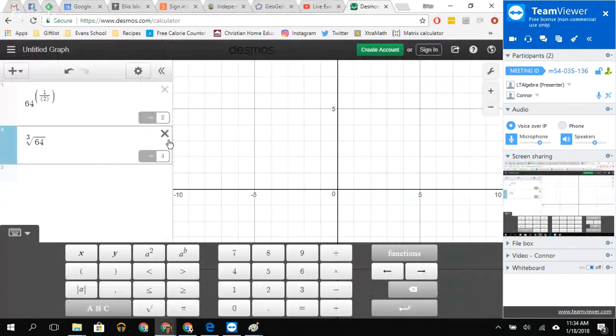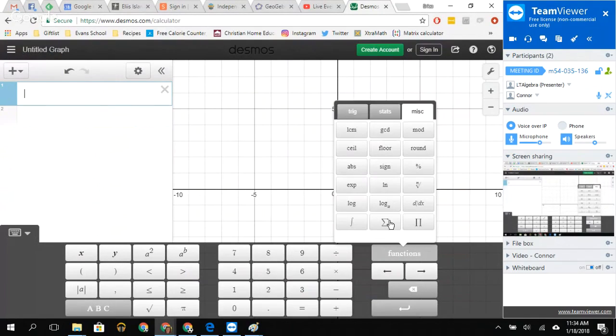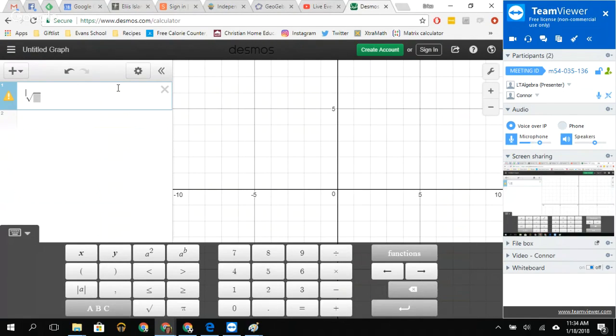There is a function under functions, under miscellaneous. There's a root with a little n. So the n indicates what root. So we're taking the cube root of negative 216. So then all you do is plug it in and you see that, okay, that's negative 6.